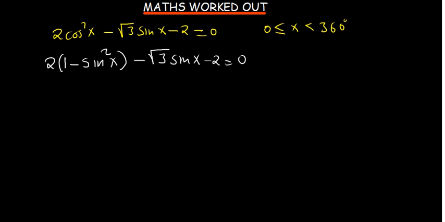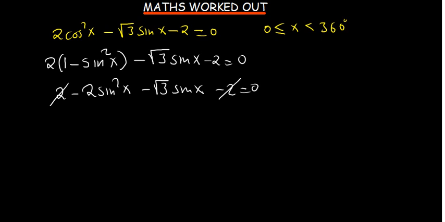So distribute the 2, that is going to be 2 minus 2 sine squared x minus square root of 3 sine x minus 2 is equal to 0. These two cancel, and sine is common between these two, so I'm going to factorize out a sine.